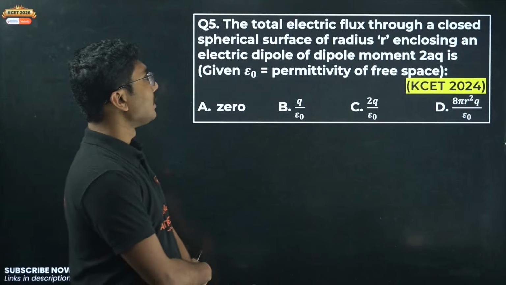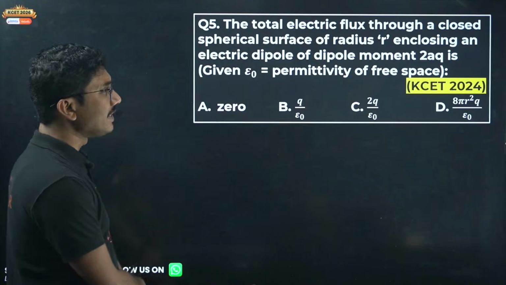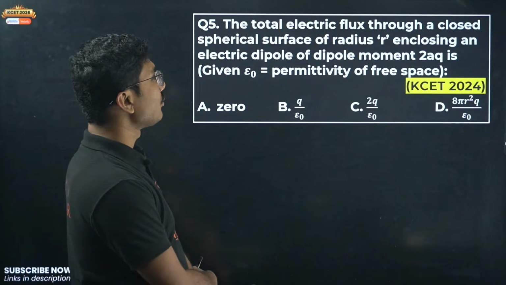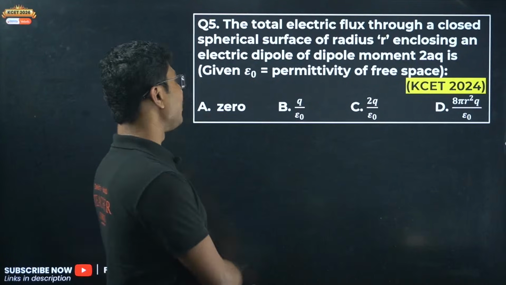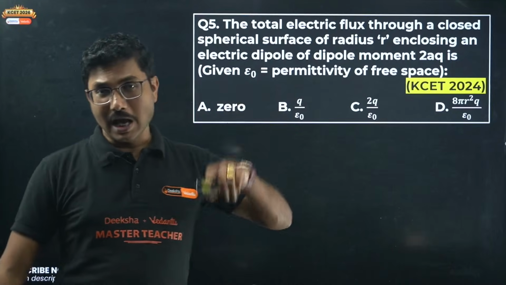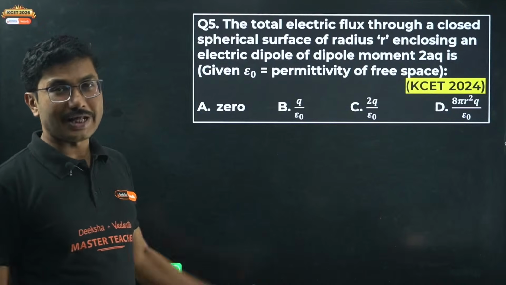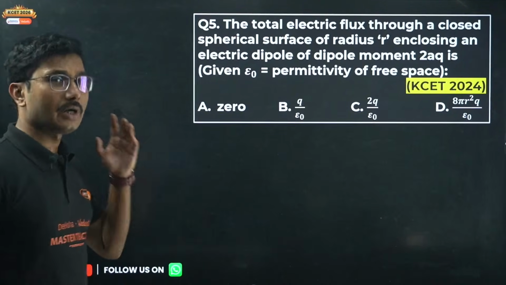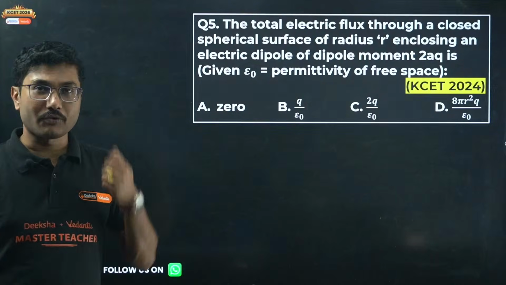Next question: the total electric flux through a closed spherical surface of radius r enclosing an electric dipole of dipole moment 2aq is... This question is from 2024. Dipole-based questions are coming, and most questions are Gauss's law based. In 2025, out of the 4 questions that came, 3 are from Gauss's law.